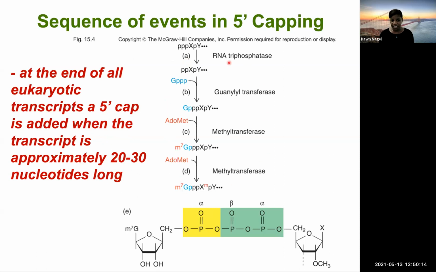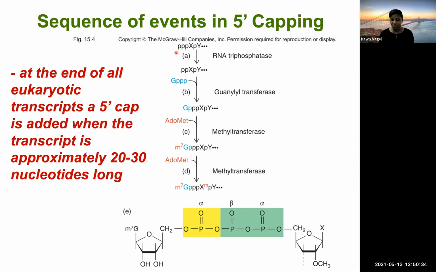The steps for this cap addition involve many different proteins. The first is an RNA triphosphatase. This RNA triphosphatase usually cleaves one of the phosphate groups from this 5' end, right? So it needs to remove it.